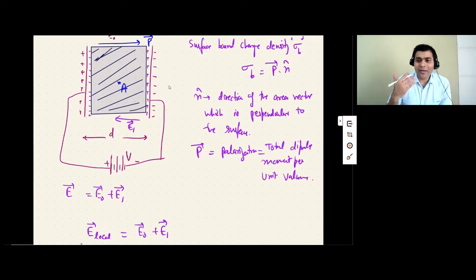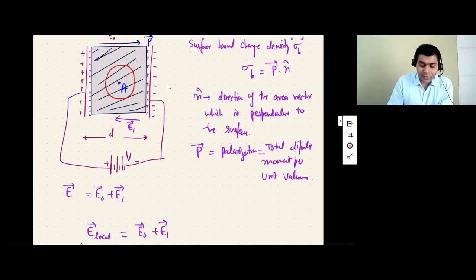To calculate the effect of the others, Lorentz applied a technique where he took a spherical cavity. Why spherical? Because it is easy to deal with spherical geometry, due to its uniform nature. So it is easy to make the calculation on a spherical cavity. He considered a spherical cavity centered at A. Let me choose the red color.